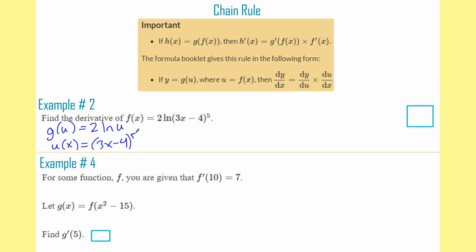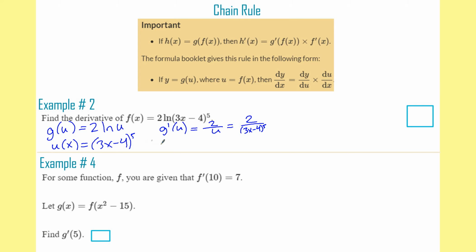Okay, so let's start by taking the derivative of both. So the derivative of just g is just 2 over u. Okay, and we know u is just that function we plugged in. So 2 over 3x minus 4 to the 5th.